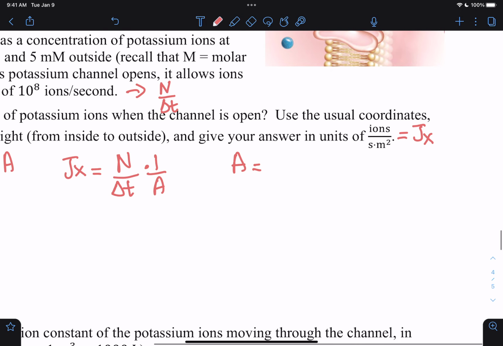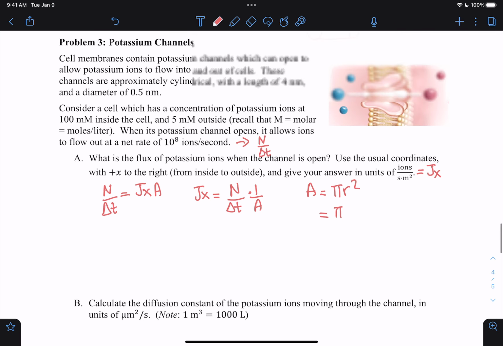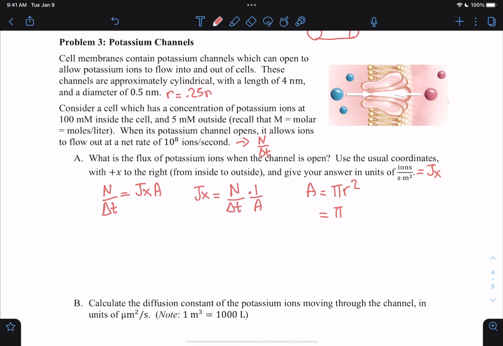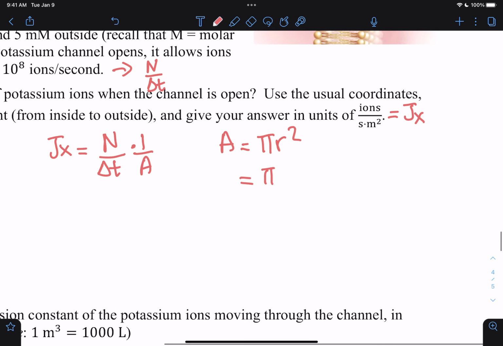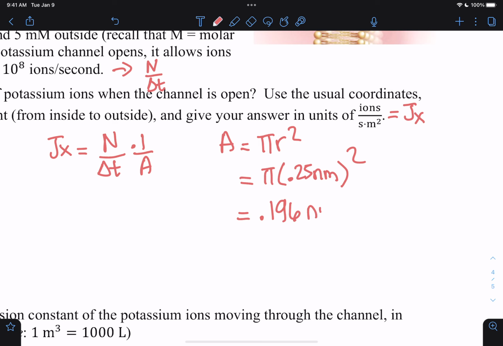So for our area, if it's just the cross-sectional area, it should just be pi r squared. Pi, and then the diameter here is 0.5 nanometers, so it's 0.25 nanometers for our radius. We square that, which gives us 0.196 nanometers squared.